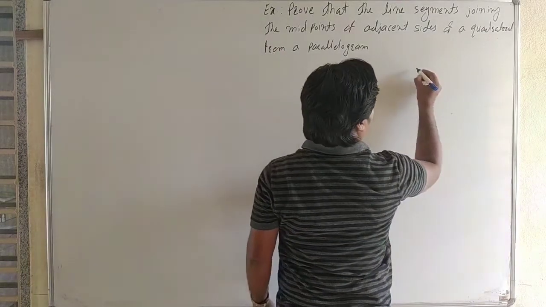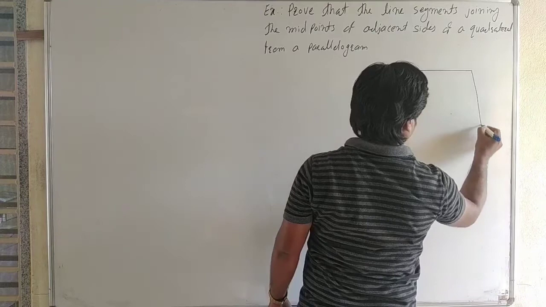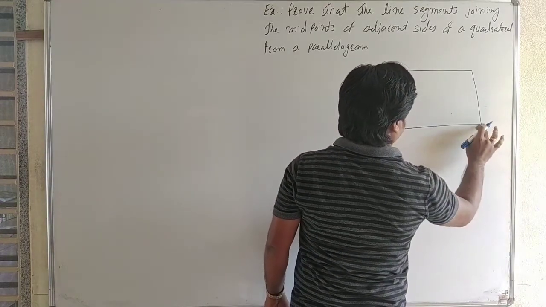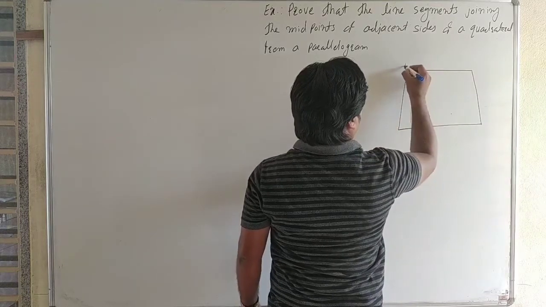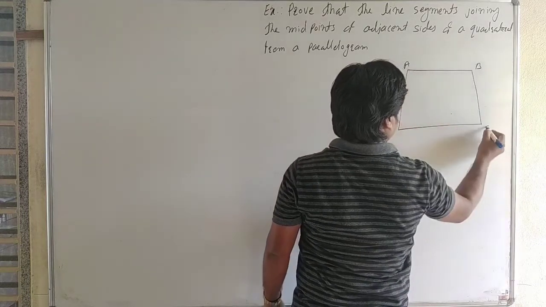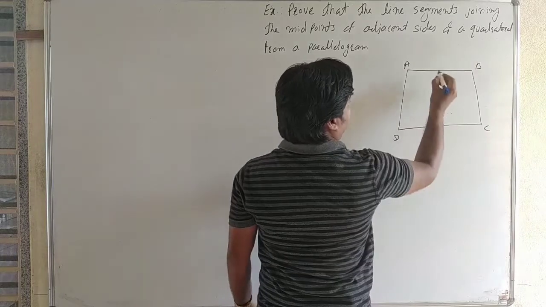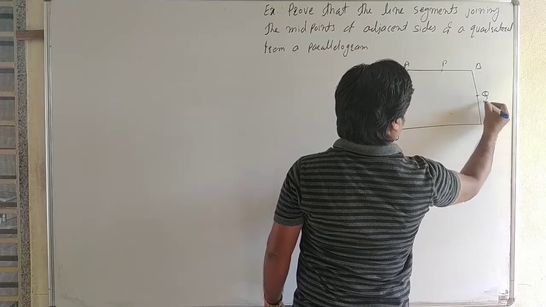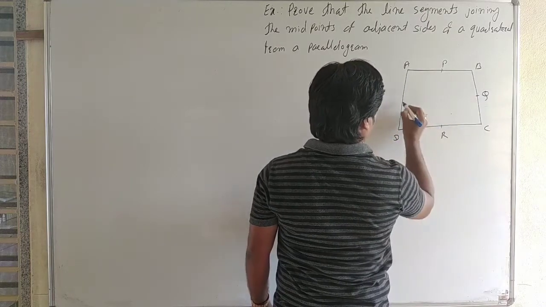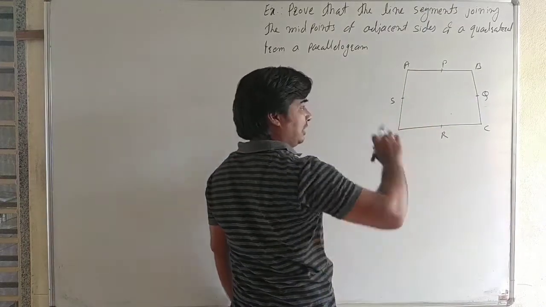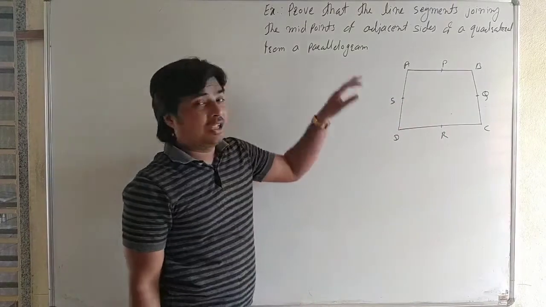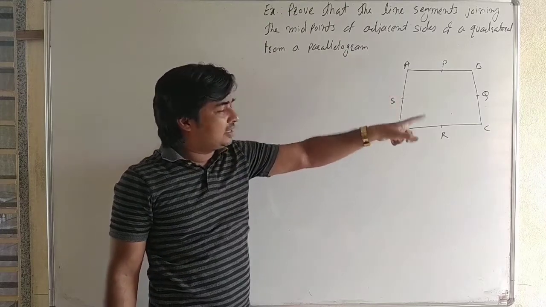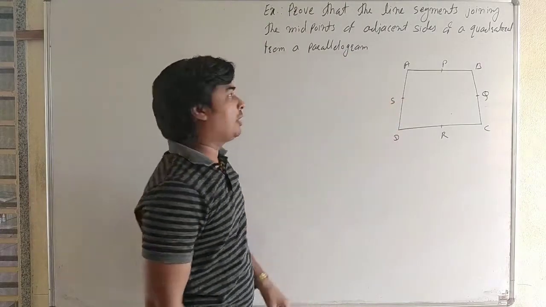Now we consider any quadrilateral ABCD, and P, Q, R and S are the midpoints of its sides.